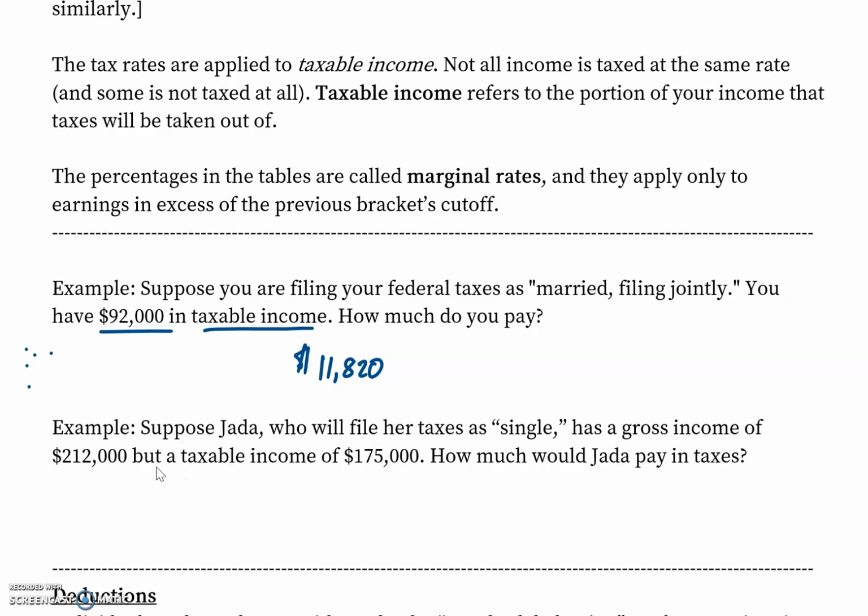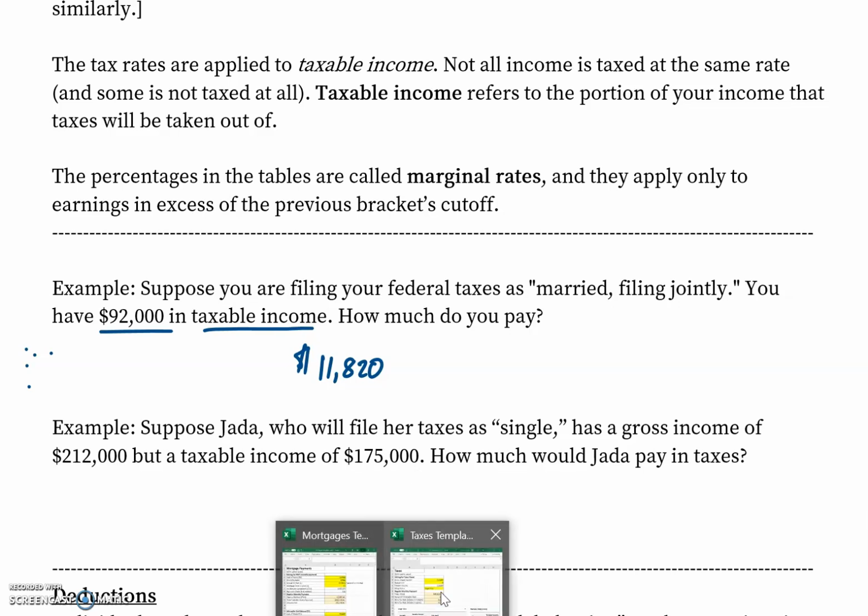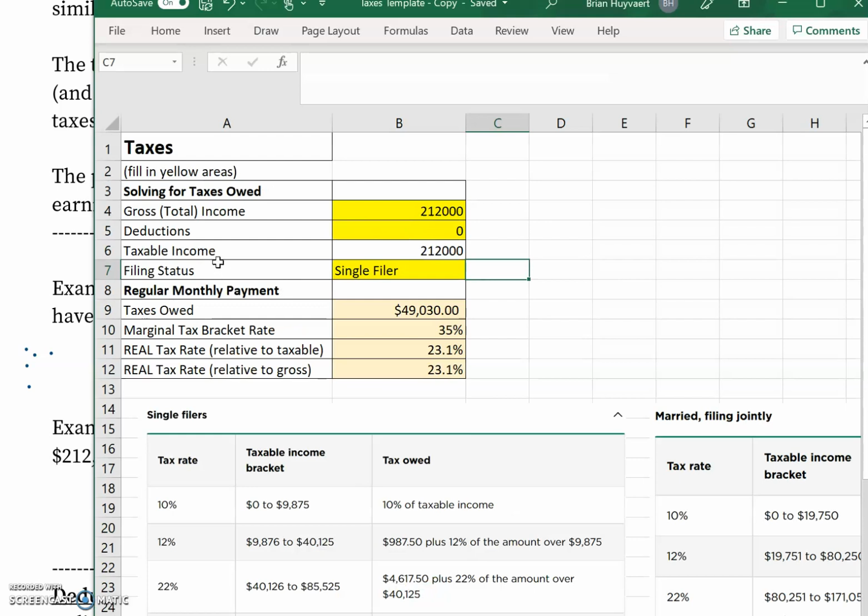She's got a taxable income of 175. There are a couple of ways we can address this because we were not told about deductions here. Taxable income is this amount. If I don't know exactly what her deductions are, I can just change this to 175 so that I see taxable income. This is really the one that matters, what I see for taxable income, and then this information is going to be correct.